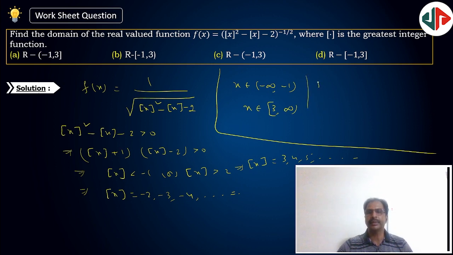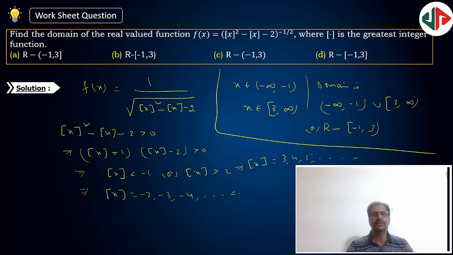Therefore, what will be the domain? Minus infinity to minus 1 union 3 to infinity. Same thing can be written as all real except closed interval for minus 1 to 3, open bracket for 3.